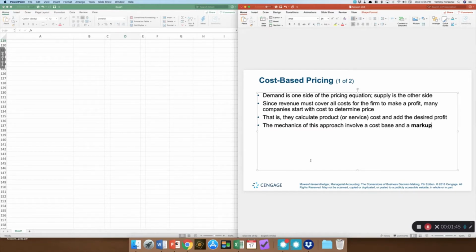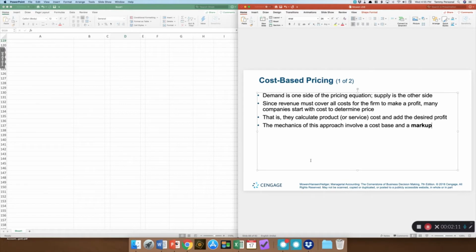If we're looking at cost-plus pricing, or at costs in order to set the price that we're willing to accept for our product, what they have to do is calculate the cost of the product or service and then add your desired profit. And the mechanics is called marking up.